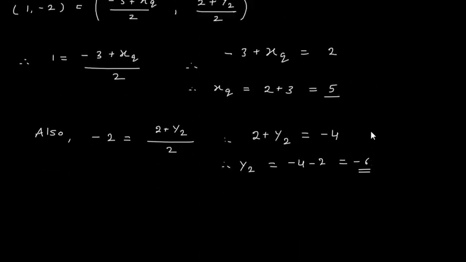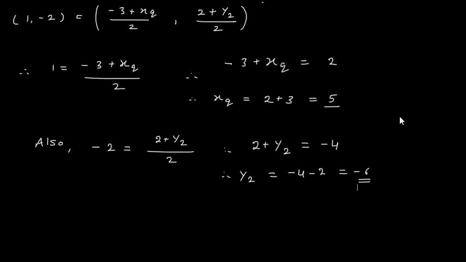Okay, so this is not x2. Here I consider this as yq. So this is yq. Okay, so therefore I will say that xq is equal to 5, and yq is equal to -6.